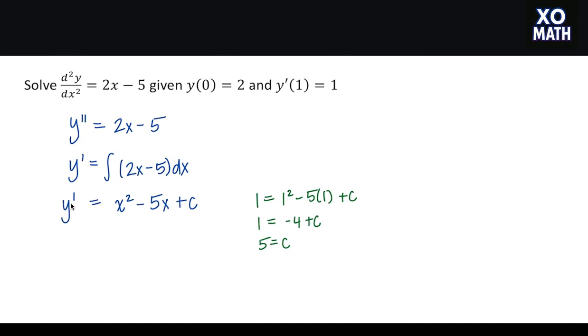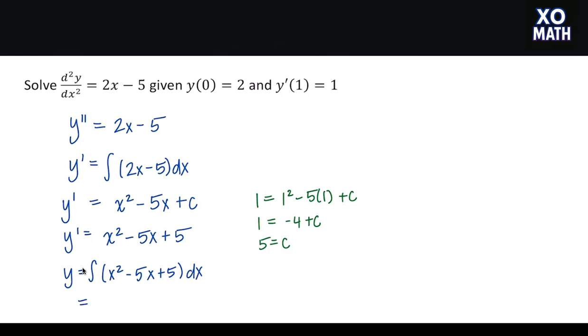So I'm going to substitute that 5 in for c and have y prime is equal to x squared minus 5x plus 5. Now, we want to get all the way back to y, so I need to integrate again. So now I know that y is the integral of x squared minus 5x plus 5 dx.